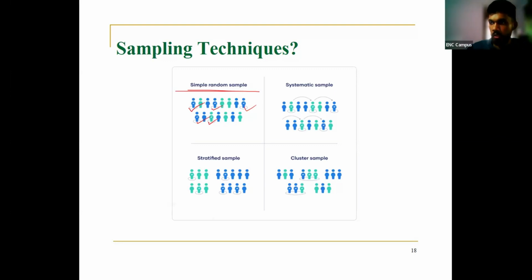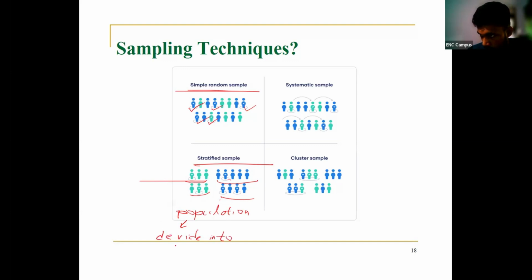Then we have stratified sampling. Stratified sampling means the population is divided into subgroups based on a characteristic, right?